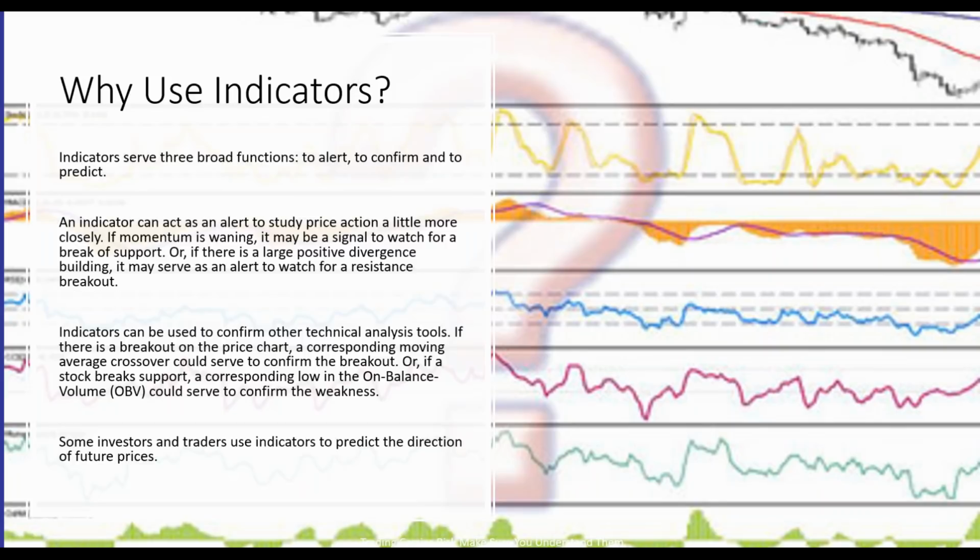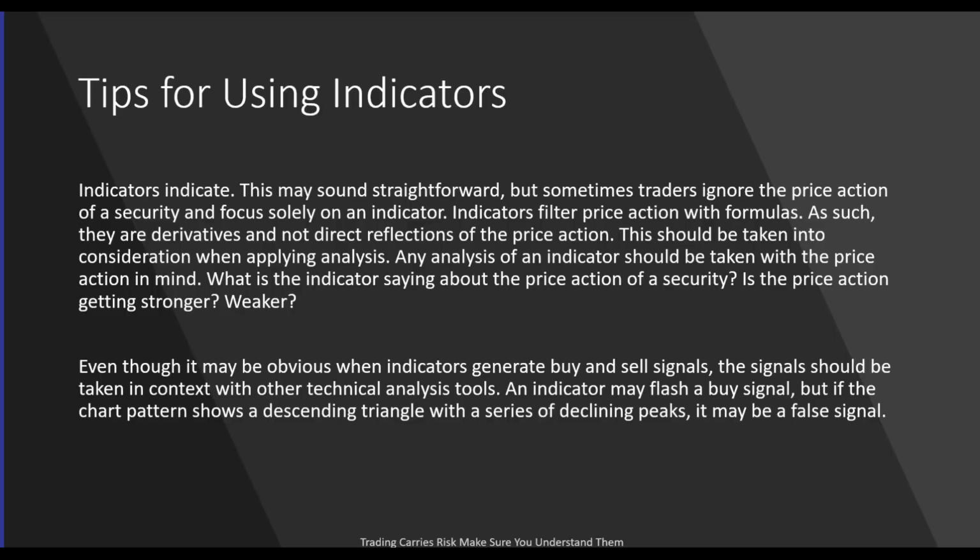Indicators can be used to confirm other technical analysis tools. If there's a breakout on the price charts, a corresponding moving average crossover could serve to confirm the breakout. Some investors and traders use indicators to predict the direction of future prices. Now remember, indicators indicate.